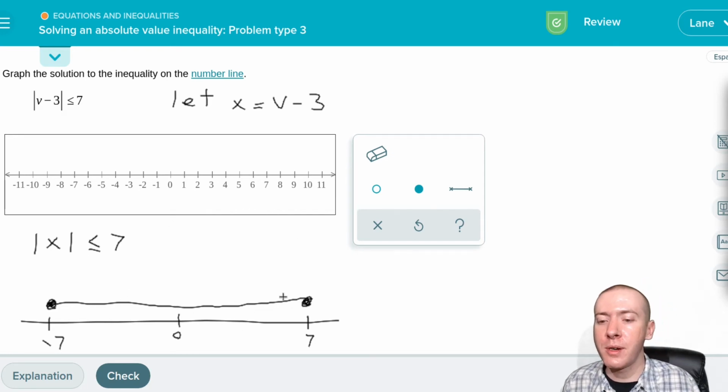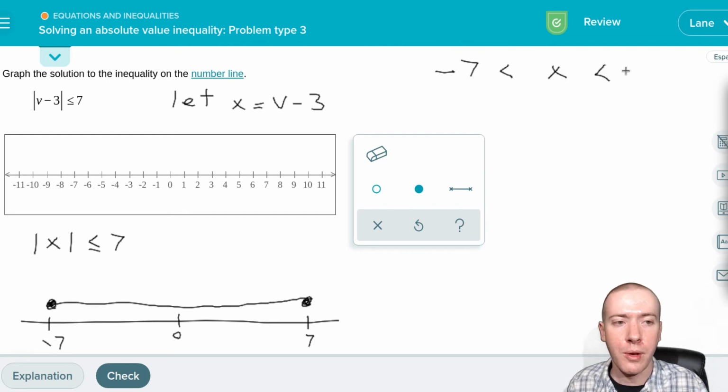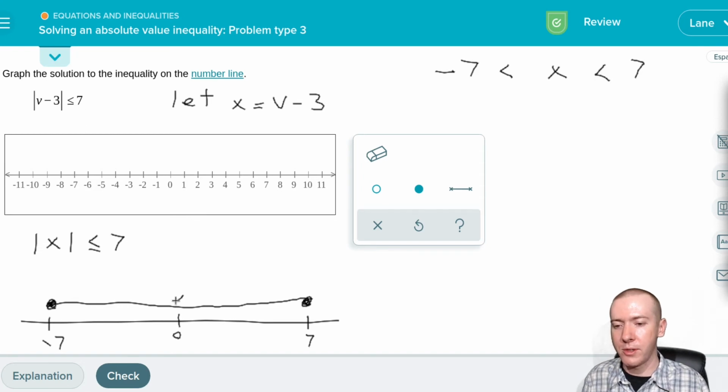Now we're going to express this graph using an inequality. It would be -7 is less than or equal to x, and less than or equal to 7. Right? This inequality up here means the same thing as this graph down here. Basically, that x values are in between -7 and 7.